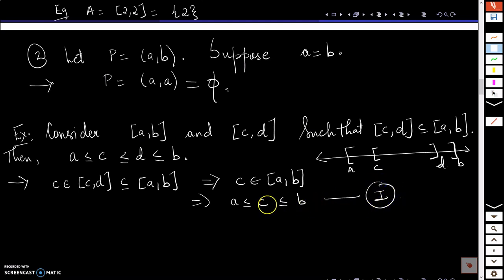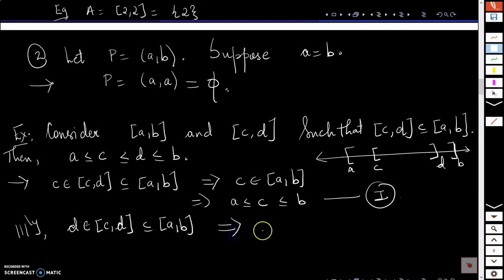right? So I'll name this inequality as 1. Similarly, you can look at the other endpoint D of CD, that is also there in the closed interval CD, and closed interval CD is a subset of closed interval AB. This implies the point D is there in closed interval AB, right?